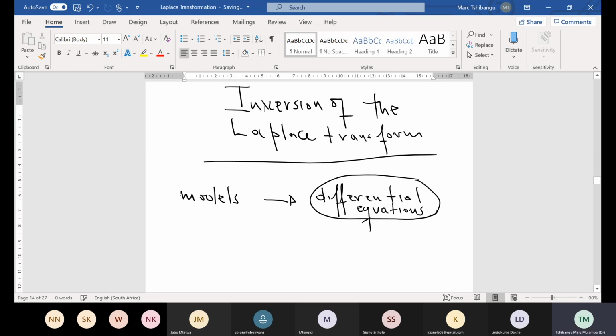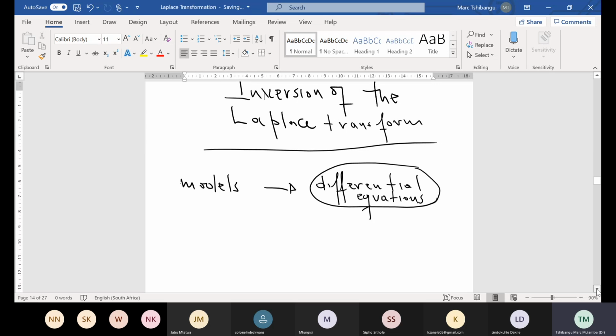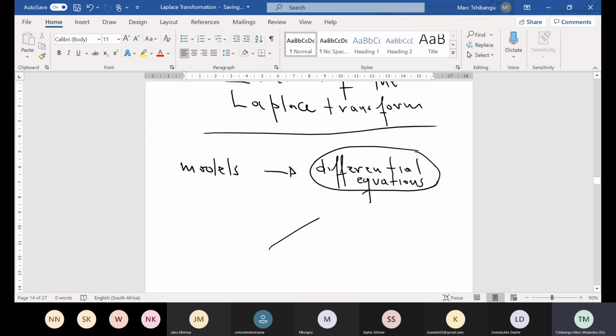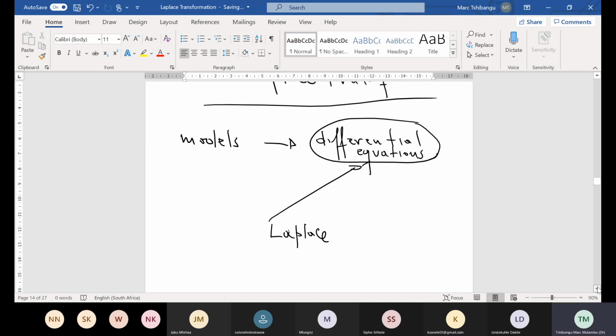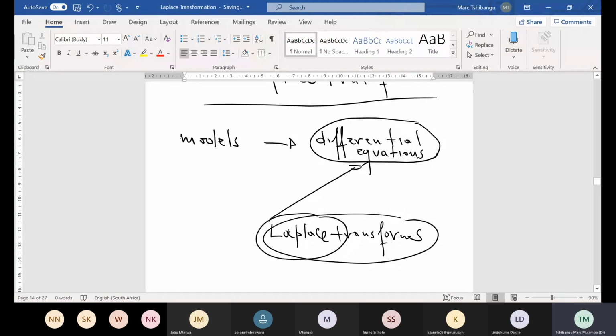And then I said to solve these differential equations, we needed Laplace. And Laplace transforms can only be applied to linear systems.